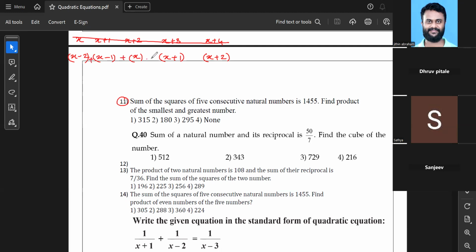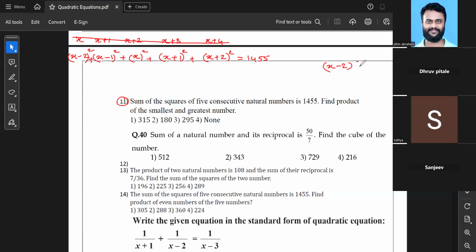Okay. Now, sum of the squares. First of all, the sum of all the squares is, as they have said, 1455. What we are supposed to find is x minus 2 times x plus 2, the product of the smallest and greatest number.